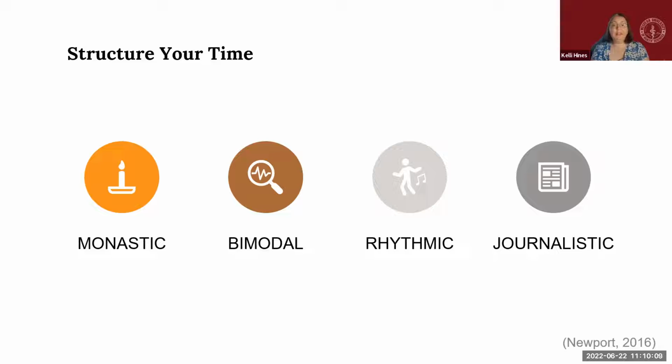This is very popular in academics, for obvious reasons, because it's structured in that very set way. And then there is monastic, where you eliminate everything that is not the thing you are doing, including email. Some people go as far as not having an email or any other way that people can get in touch with them. They eliminate a lot of really common distractions so that they can focus on this work.